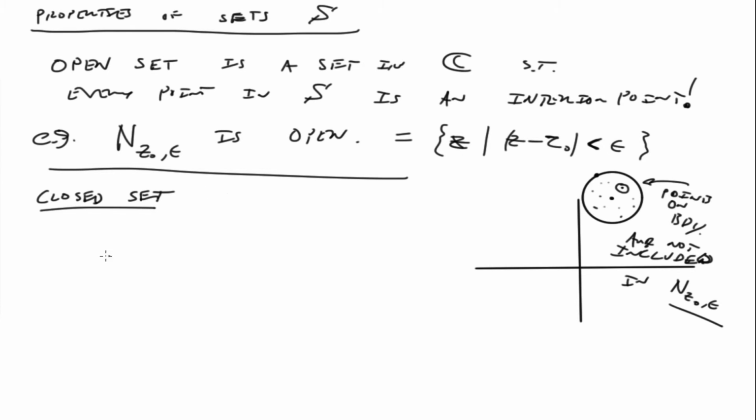So a closed set is, well, it's not open, for one thing. A closed set is not open, but it's actually more than that. A closed set is a whole different type of thing. So we have to establish one more definition, that of a boundary point.